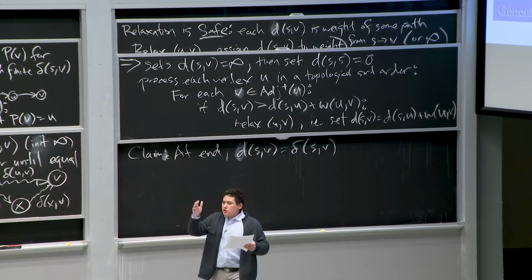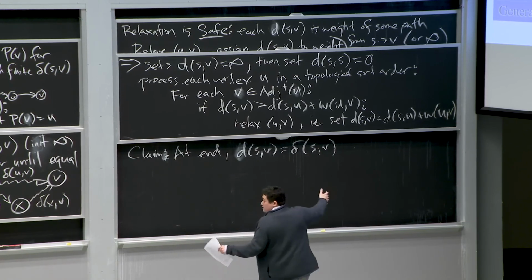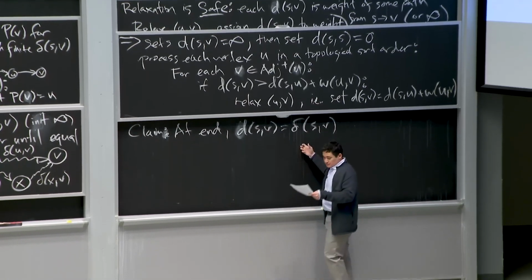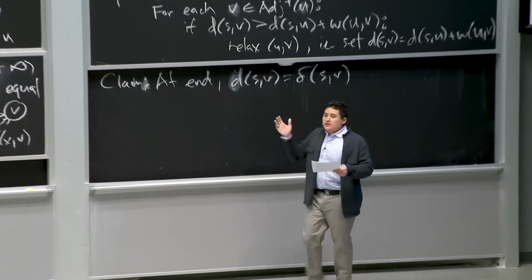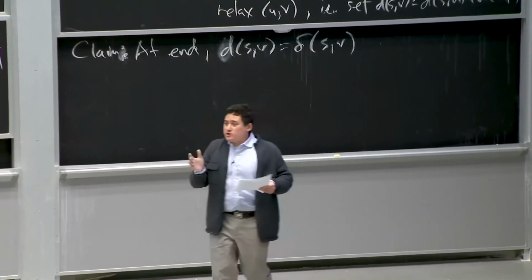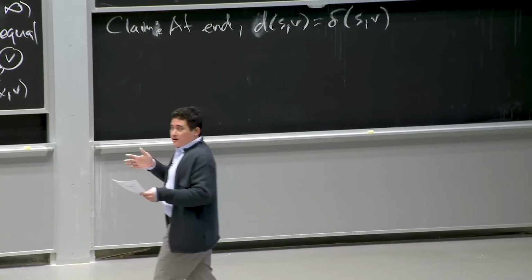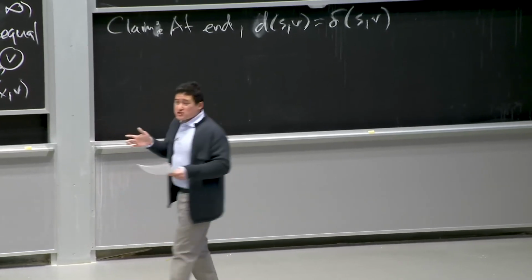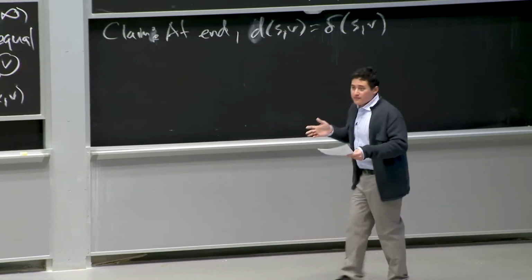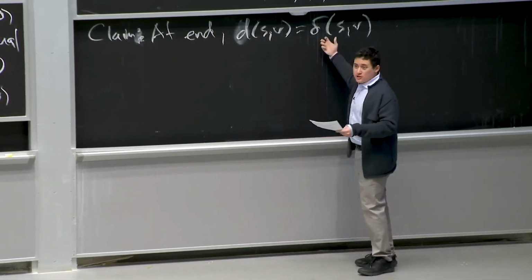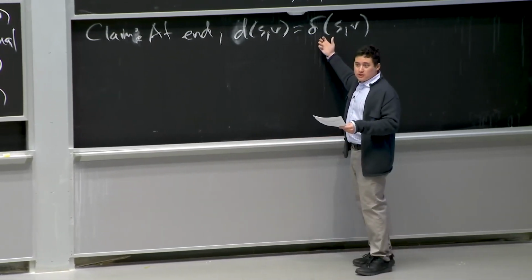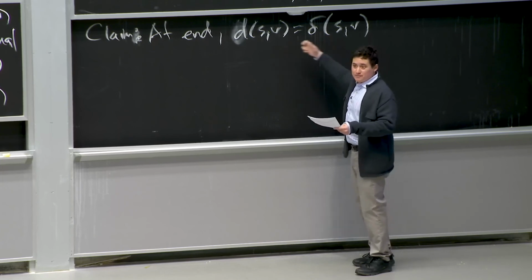We can consider a shortest path from S to V, the kth vertex, and look at the vertex preceding me along the shortest path. That vertex better be before me in the topological order, or we're not a DAG, right? And we've already set its shortest path distance to be equal to the correct thing by induction.